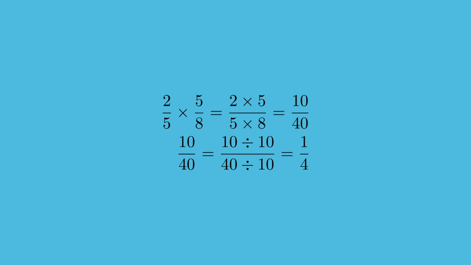Thus, we multiply 2 and 5 together to get 10, and we multiply 5 and 8 together to get 40. Therefore, our multiplication result is 10/40. But to simplify this fraction, we can divide both the numerator and denominator by 10. The result of this simplification is 1/4, or one fourth. Thus, the correct answer is 1/4.